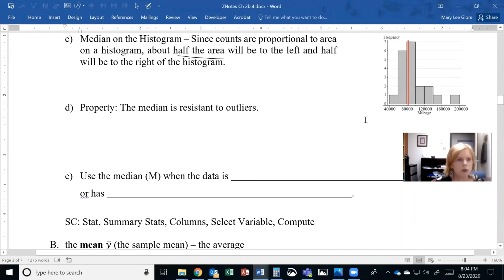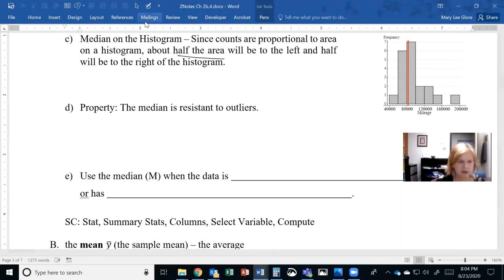We have one more property of the median, which is a very powerful property. And this is that the median is resistant to outliers. In our graph over here, if we look at this last point, we said that was a potential outlier. It's kind of a high measure of mileage. Now, if I remove that point, I said, I don't want that big one in there. It's a little bit too big.